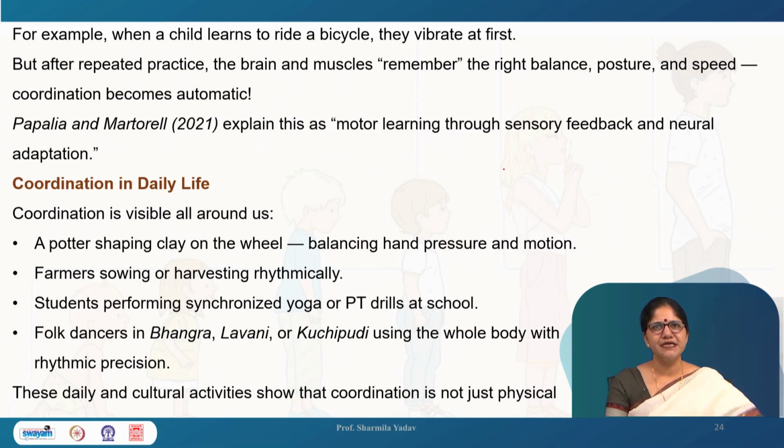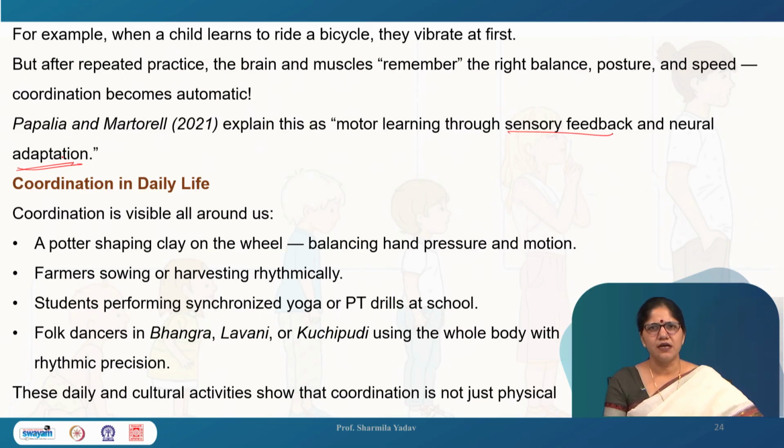But after repeated practice, the brain and muscles remember the right balance, posture and speed. Coordination becomes automatic. Papalia and Martorell explain this as motor learning through sensory feedback and neural adaptation.